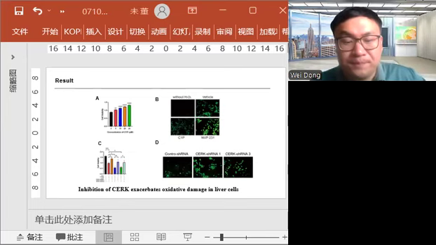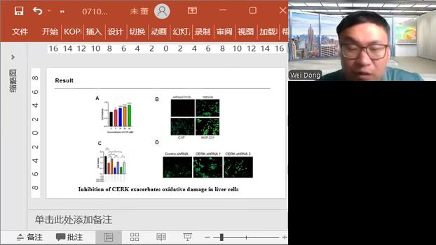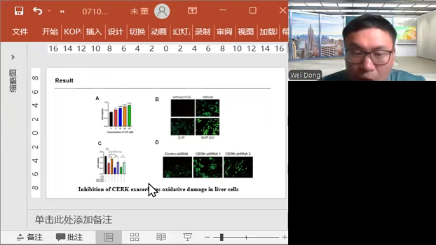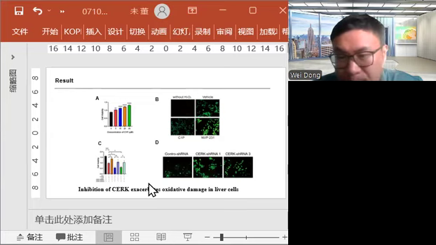What's more, addition of C1P or CERK inhibition or knockdown in an oxidative damage model of hepatocytes further confirms the protective role of CERK in liver cells.